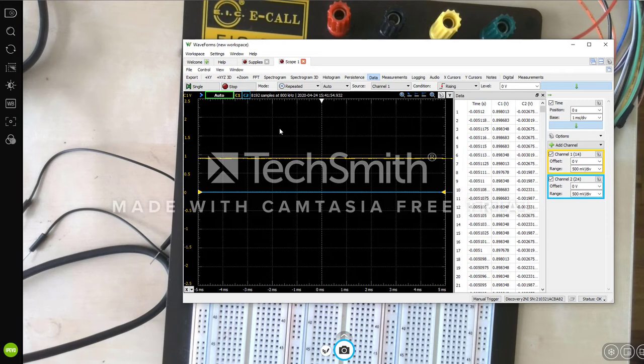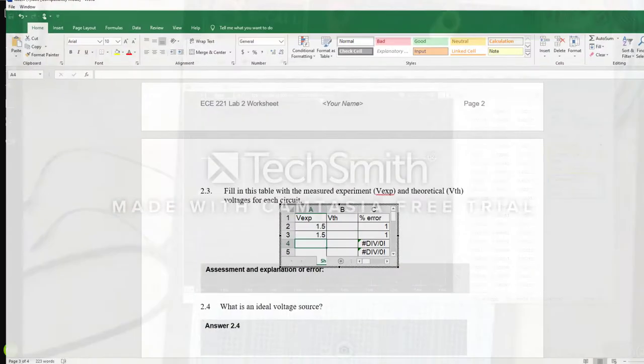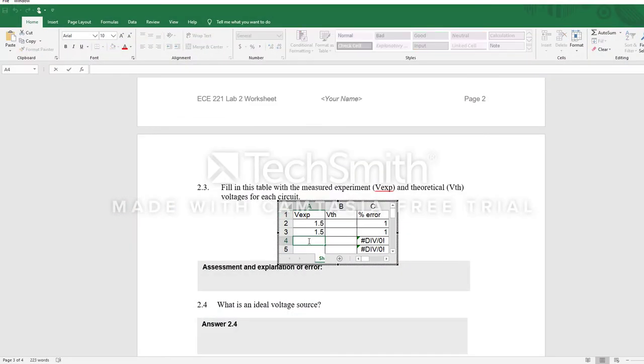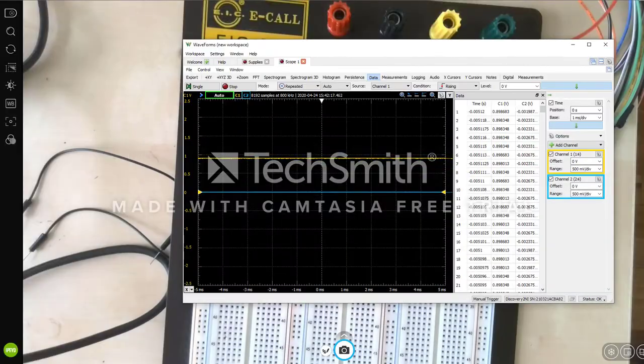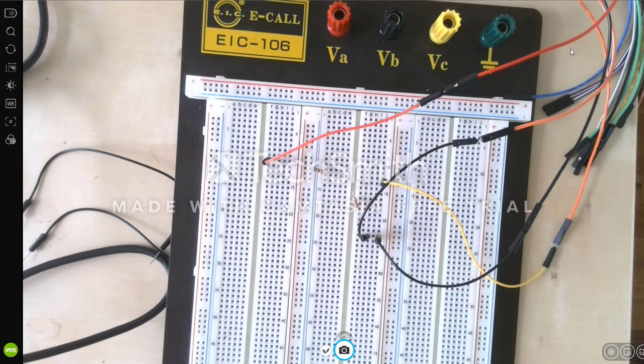As expected, the measured voltage is somewhere near 0.898. Let's record it this way.